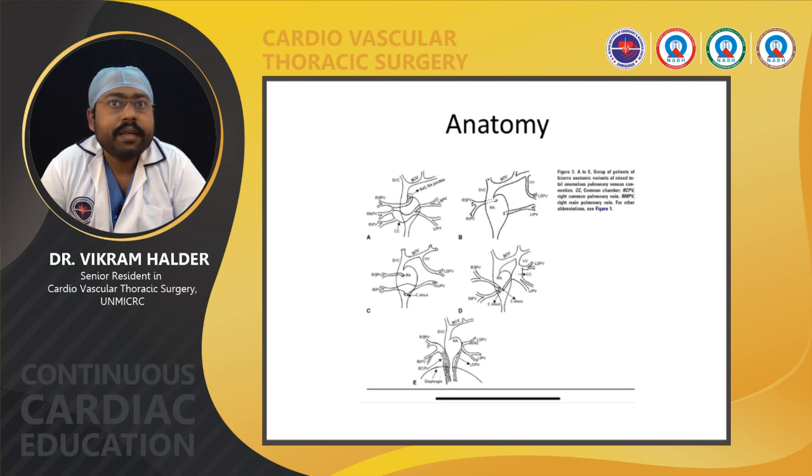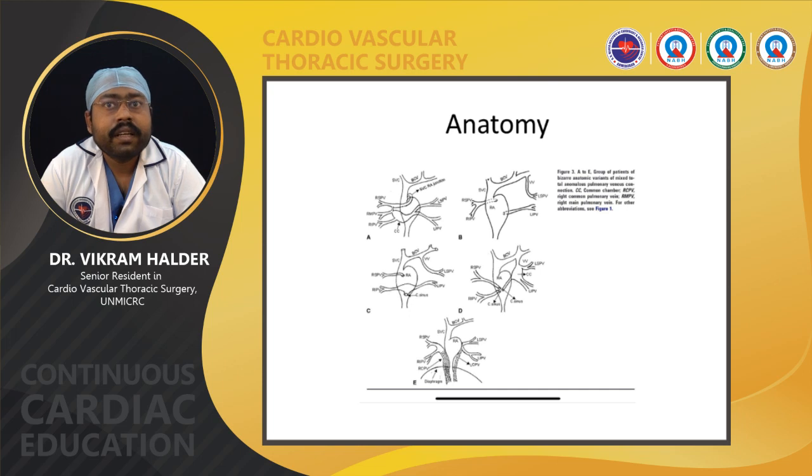In another type, the right superior pulmonary vein is draining into the RA, the right inferior pulmonary vein is draining into the coronary sinus, the left lower pulmonary vein is draining into the coronary sinus, and the left superior pulmonary vein is draining into the innominate vein.